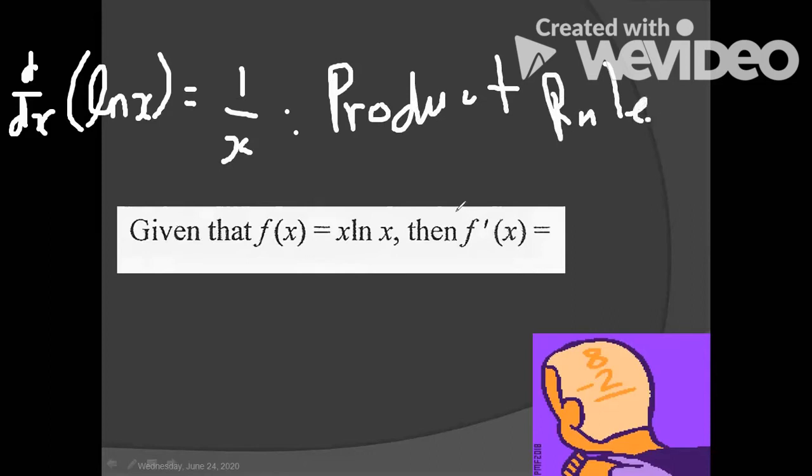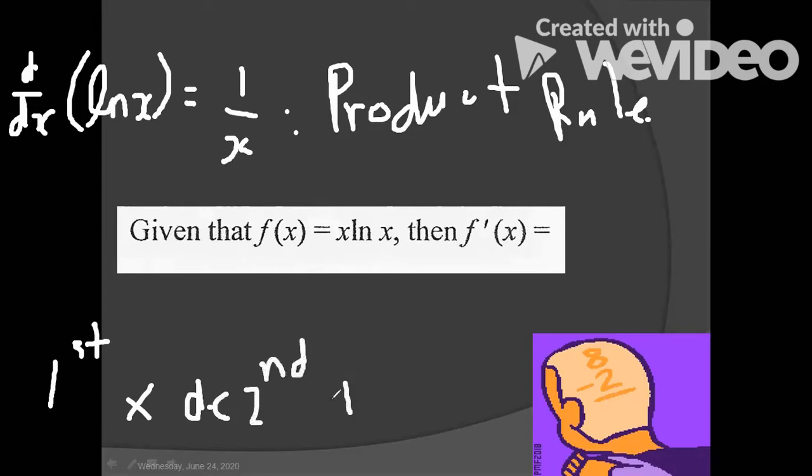Product rule. So what's a product rule? Alright, so this is how I have taught my students, and this is how I learned in high school. The product rule goes like this: first times the differential of the second.